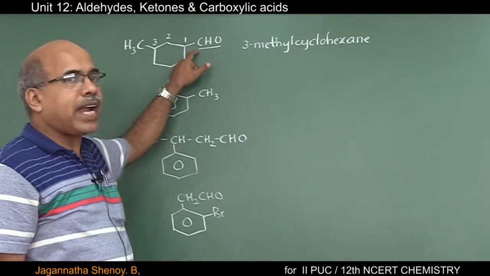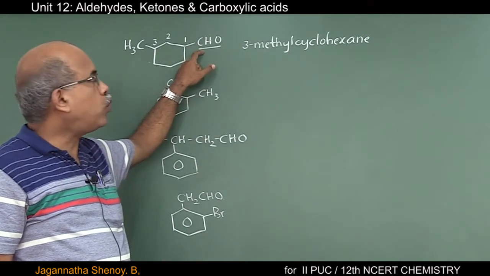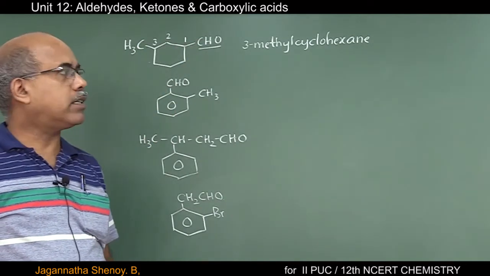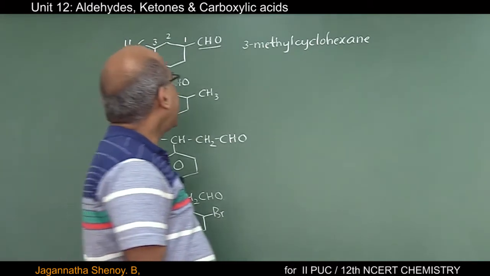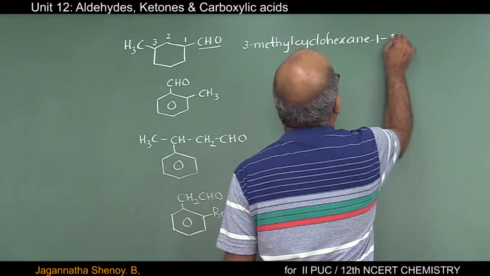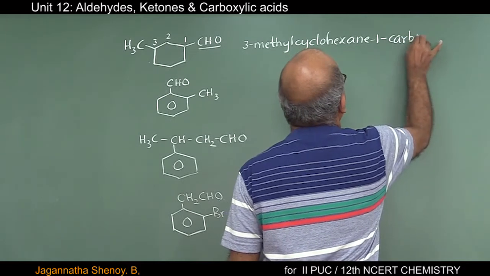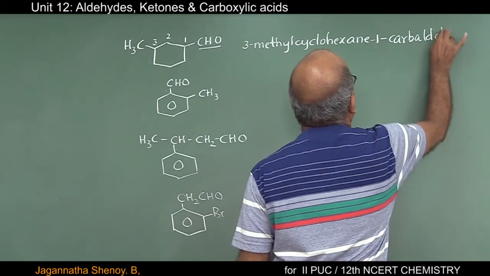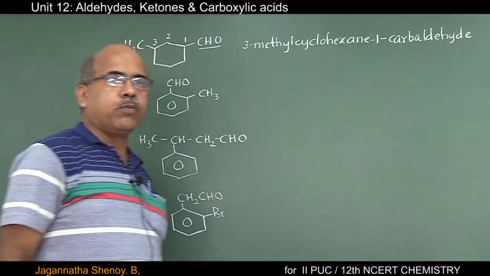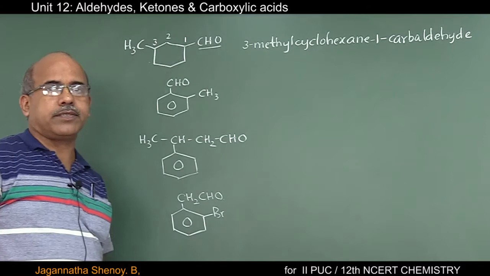Because the carbon atom of the CHO group is not counted with the name of the parent compound. That is why it is cyclohexane-1-carbaldehyde, or if I simply write carbaldehyde also, it is understood that it is 1. So that is the IUPAC name of the first compound.